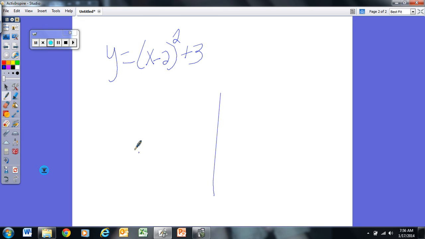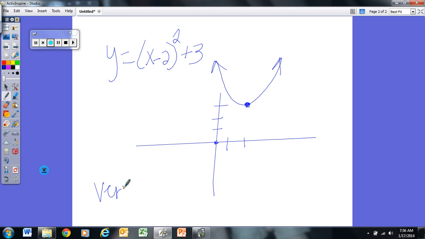Well, we know that that's going to take our parabola and move it to the right 2 units and up 3 units. There is your vertex, this point right here. Vertex is h comma k. It's the number here, but without the sign. So like if this was a plus, then it would be negative 2. Let me show you. The vertex of this parabola is 2, 3.